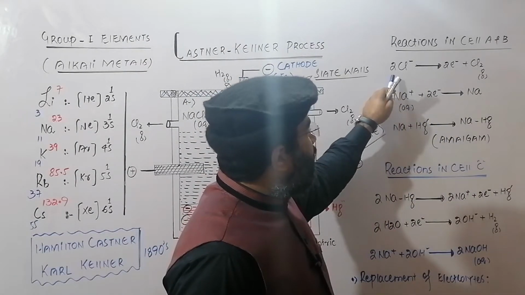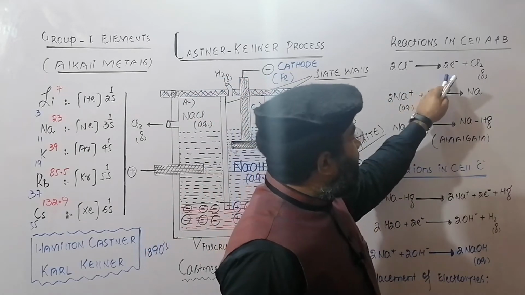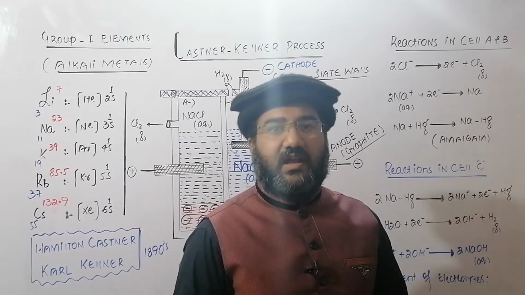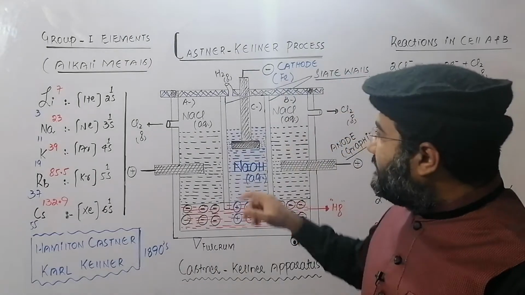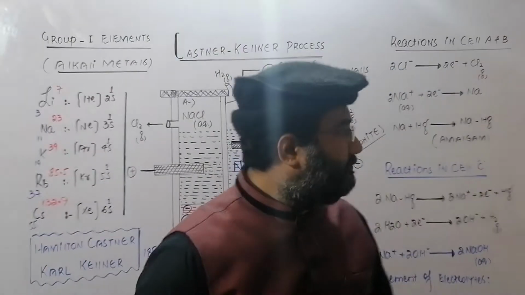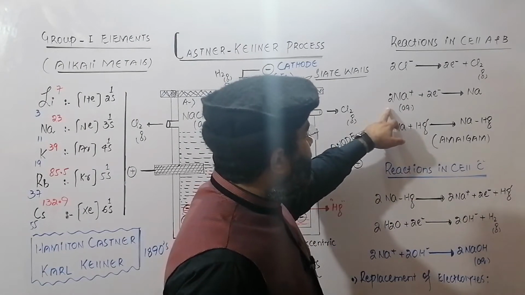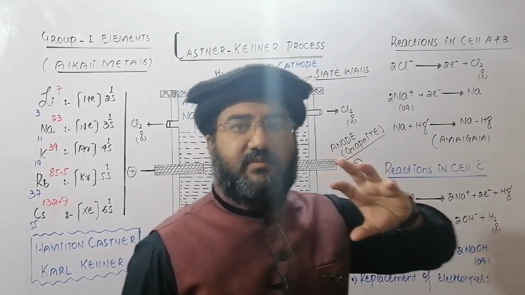Chloride ions move towards the graphite anodes, and after the loss of electrons, they produce chlorine gas. So chloride ions are oxidized to chlorine gas, and this chlorine gas is then removed through these outlets.